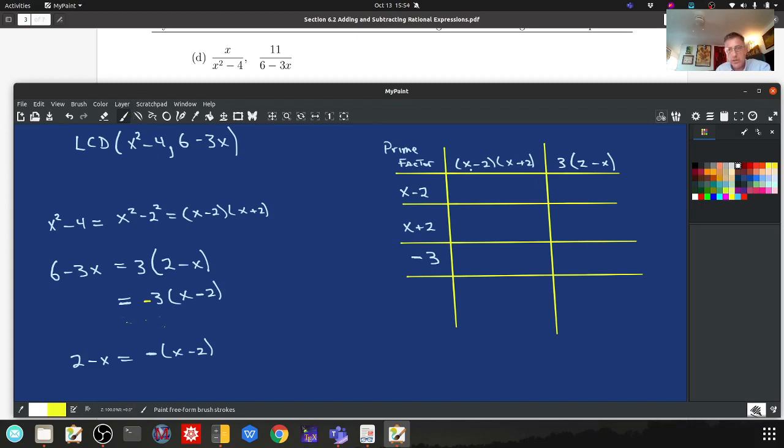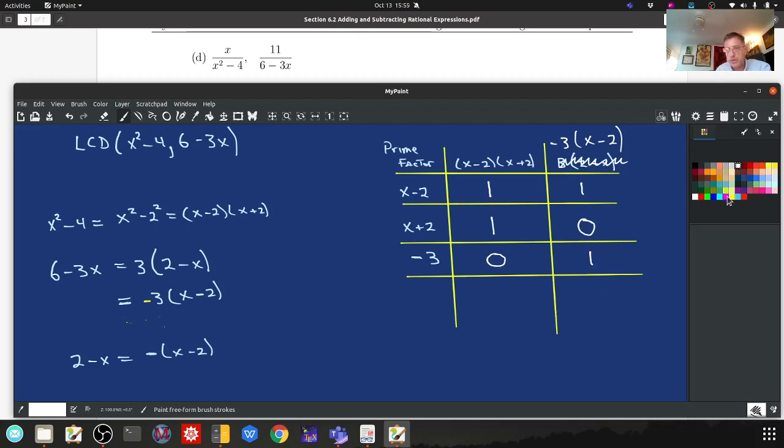There is one factor of x minus 2. There's one factor of x plus 2 and 0 factors of minus 3. Here I need to rewrite this as minus 3 times x minus 2, because that's what I changed it to. There is 1 x minus 2, there's 0 x plus 2's, and there's 1 minus 3.